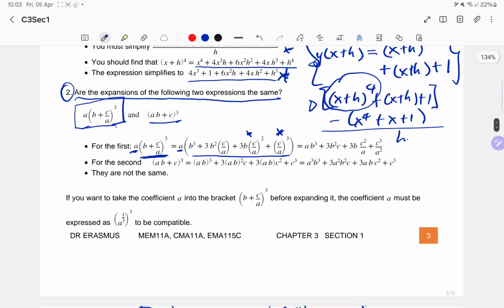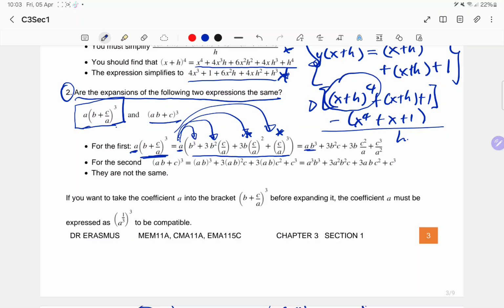Now what you have to do is take the product. You're going to multiply a by this, a times this, a times this, and a times that.